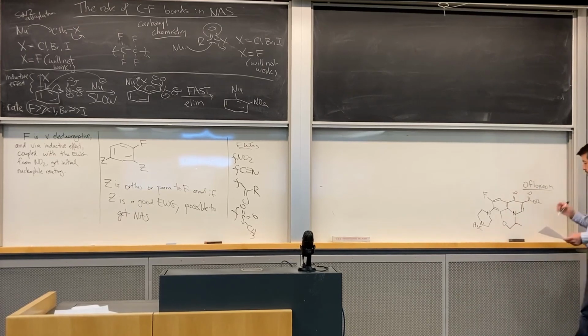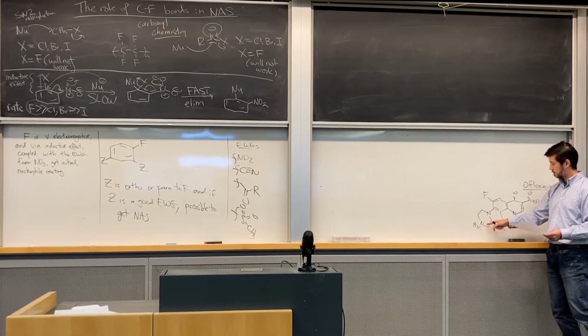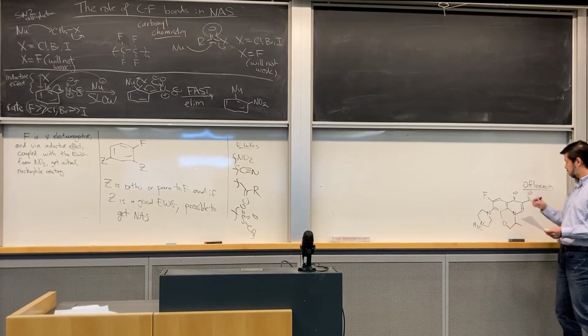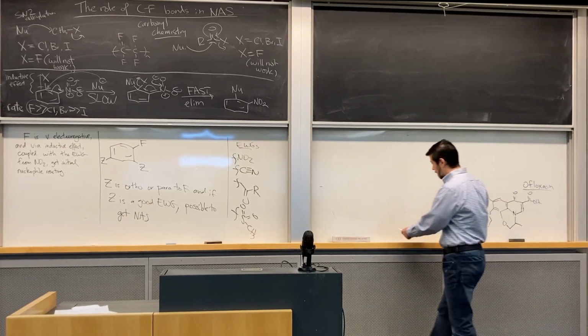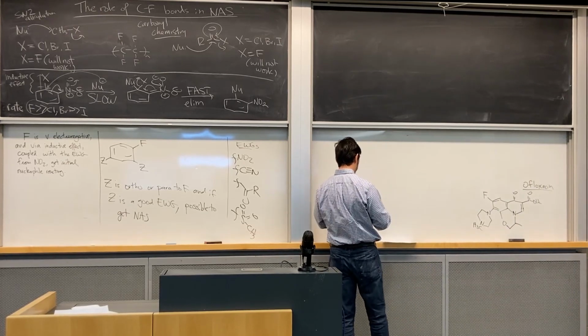Okay, so there's the correct structure. Okay, so that looks better. Double bond, nitrogen, nitrogen with a methyl group. Okay. All right, so it's a compound with a fluorine group attached to it. And I'm going to show you the starting material, and I want us to draw a mechanism of how we can get to the final product.